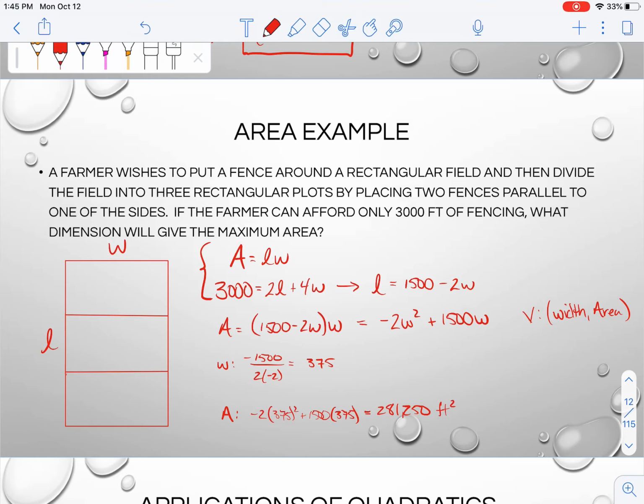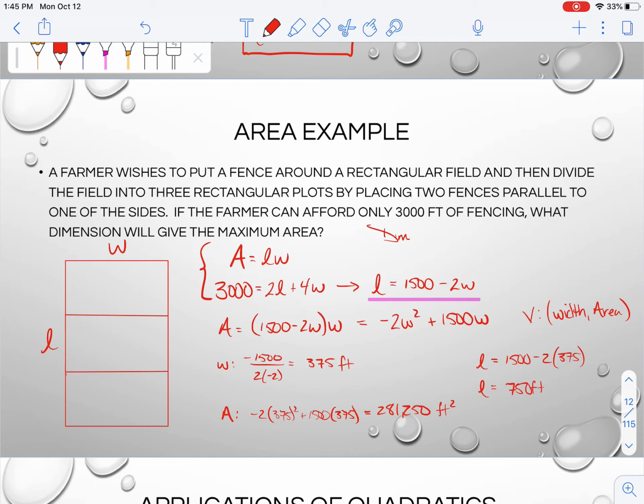I have a width dimension of 375. And if I come back to my equation here where I solved for the other variable, I'm going to substitute in L equals 1,500 minus 2 times my W of 375. So 1,500 minus 2 times 375, and we're going to get a length of 750 feet.